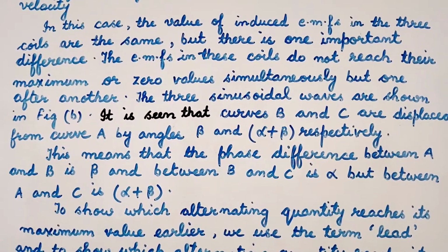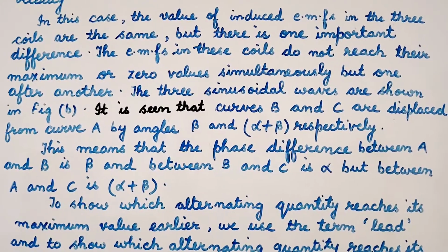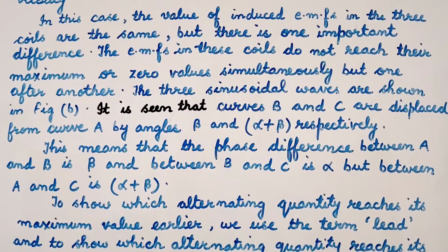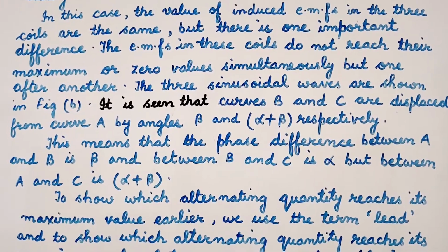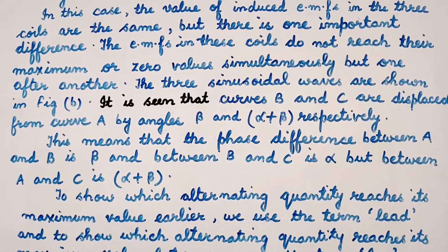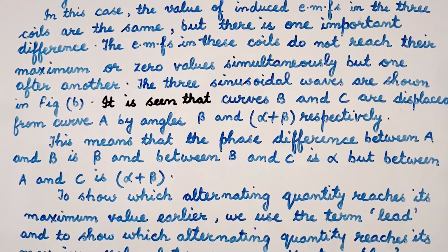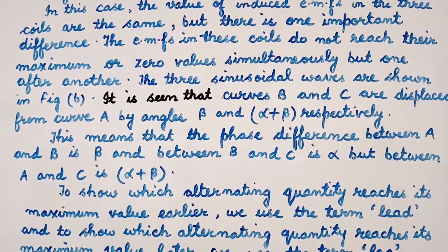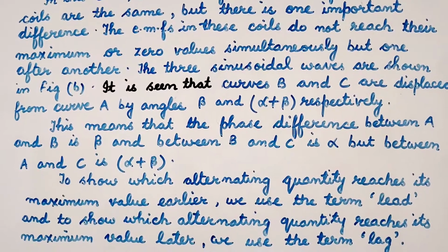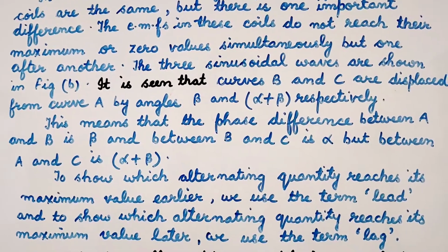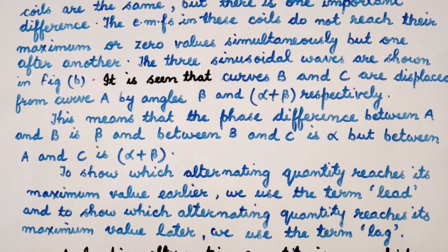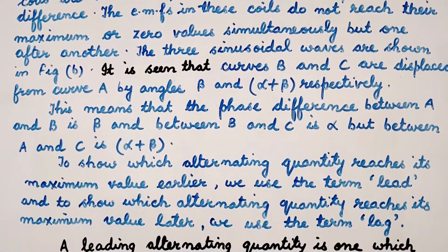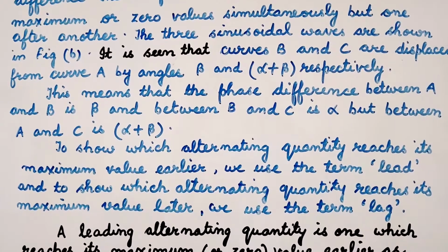From the figure B, we find that the curves B and C are displaced from the curve A by an angle of beta and alpha plus beta respectively. So this means that the phase difference between A and B is beta, that between B and C is alpha, but between A and C is alpha plus beta.